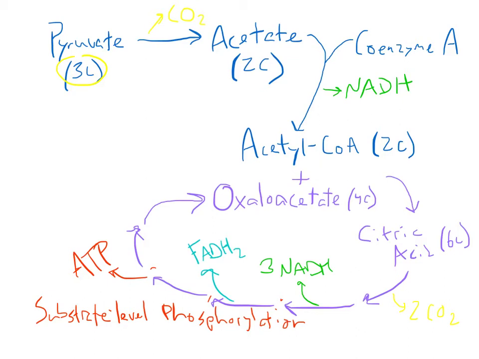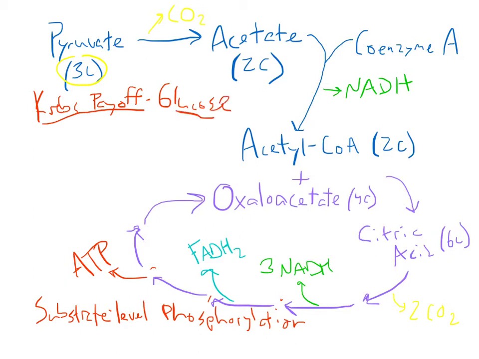So let's look at the Krebs cycle payoff. Remember, you had 2 ATP and 2 NADH that came from glycolysis. Now, for every glucose that goes into the Krebs cycle, notice that's a glucose.